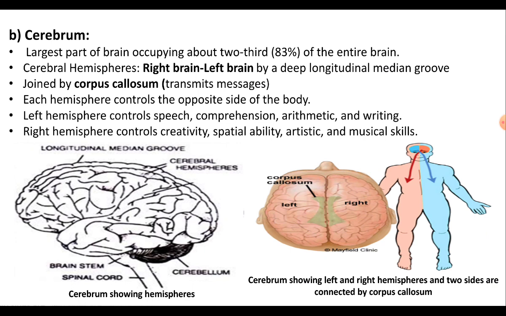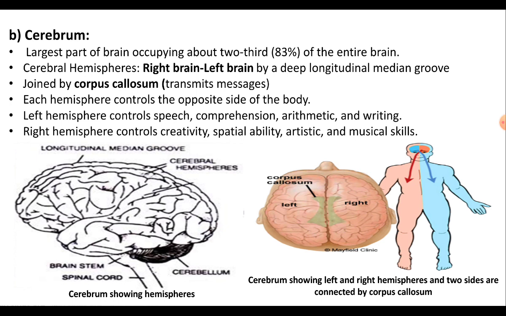The second part of the forebrain is called the cerebrum. The cerebrum is the largest part of the brain and it occupies about two-thirds of the entire brain, meaning it constitutes about 83% of the entire brain mass.